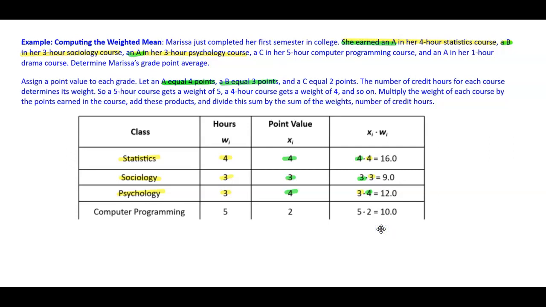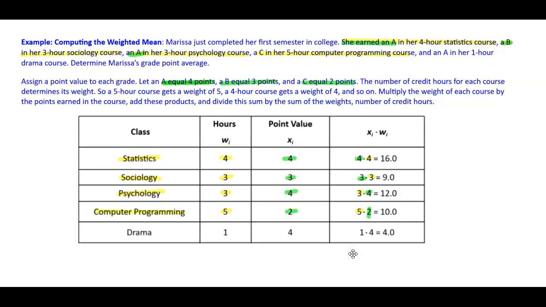The next one is computer programming. She earned a C in her 5-hour computer programming course. So the computer programming course is represented as 5 hours, and we know that she earned a C, so the C is equal to 2 points. So 5 times 2 gives us 10.